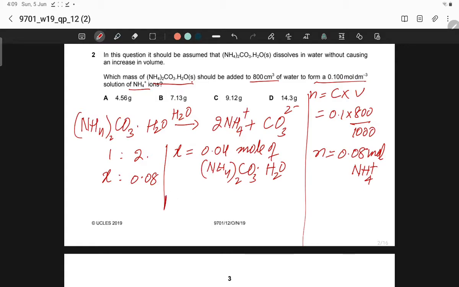So mass in gram is equal to mole times Mr, 0.04 times 114. This is equal to 4.56 gram. A option is correct.